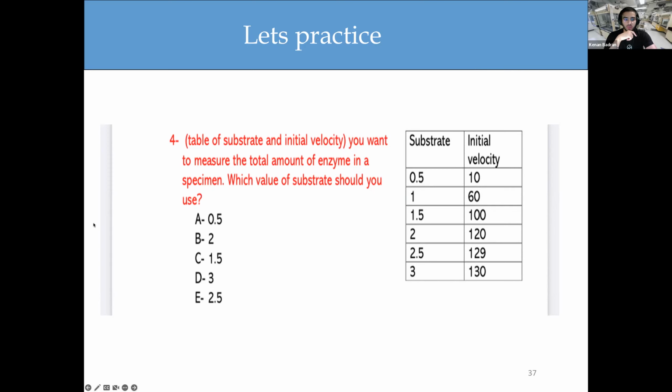Which value of substrate should you use? A. Is it A? No, it's not A. What is it? Try again. Not A.